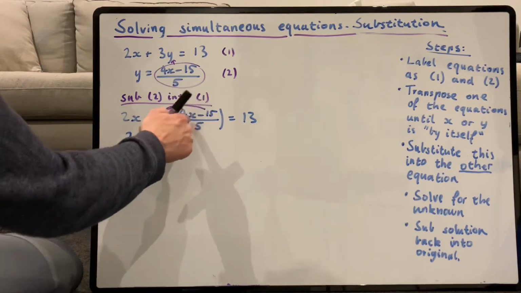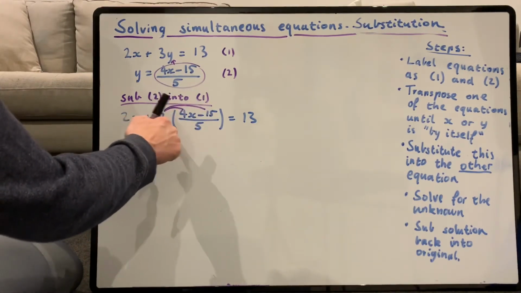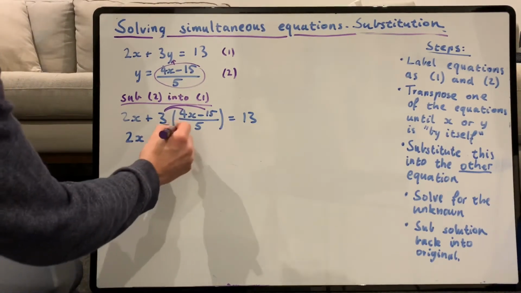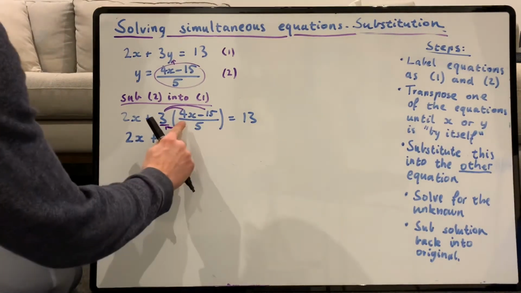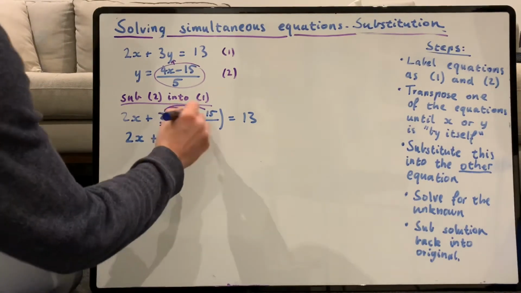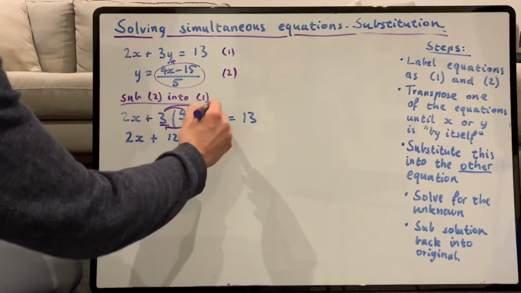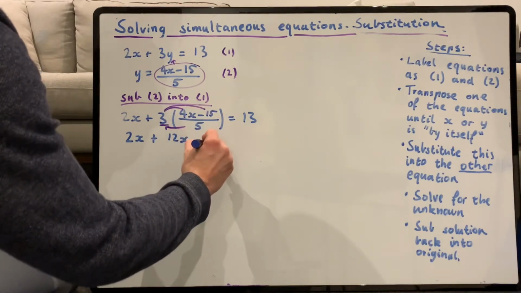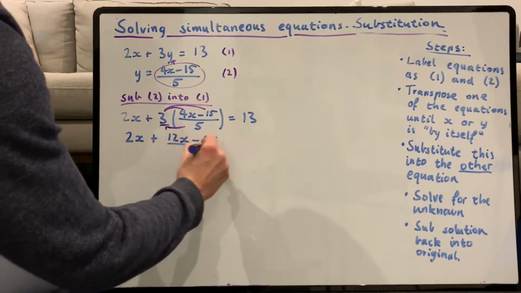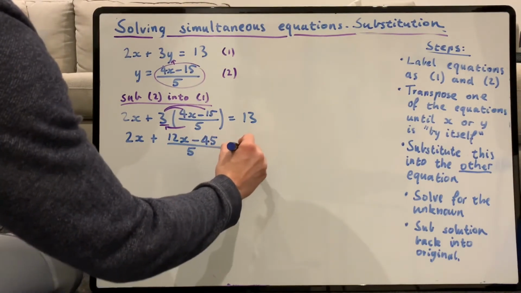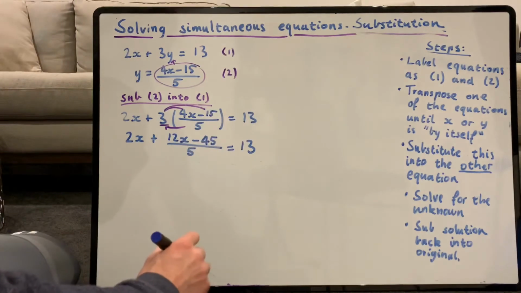So really, this 5 is just going to be multiplied by a 1, which is kind of like the hidden denominator there. Okay, so 12x minus 3 times 15 is 45. Equals 13.